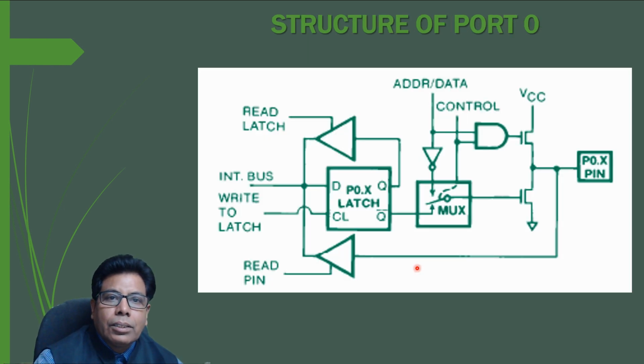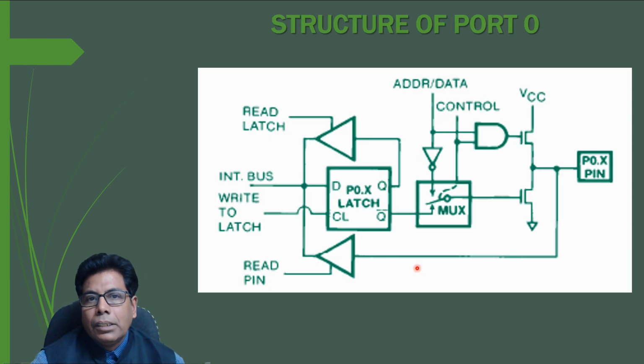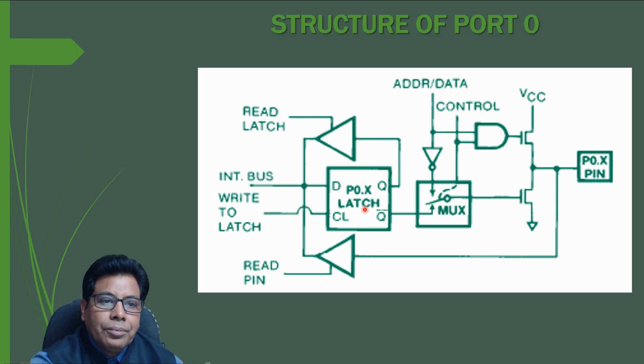Then the structure of port 0. Here you can see it has a latch, one for every pin, and to this latch the input is given at pin D, and Q and Q bar are the outputs.